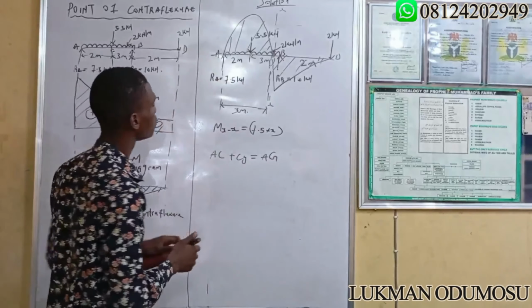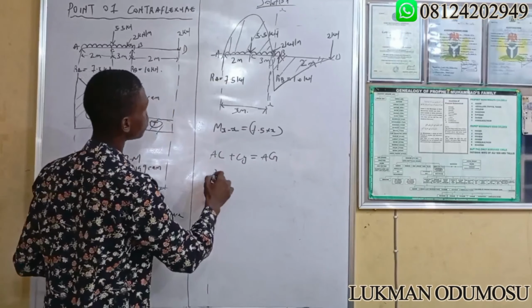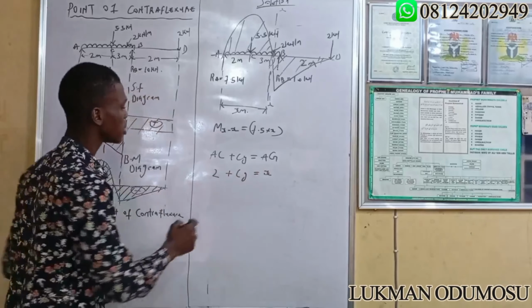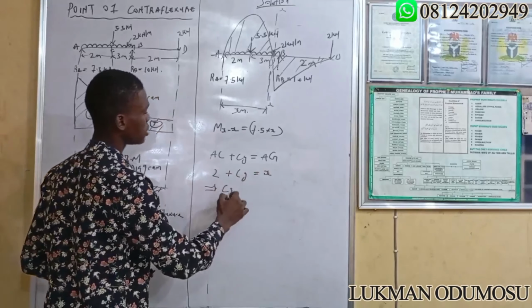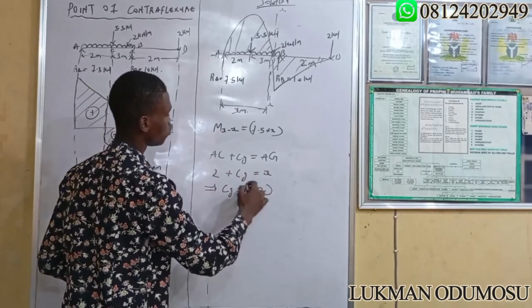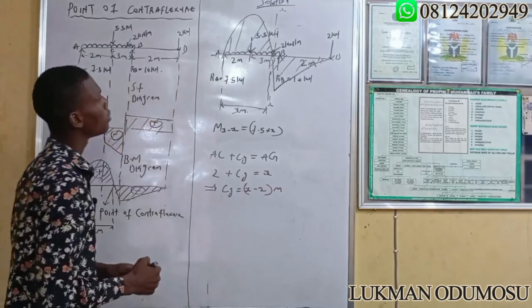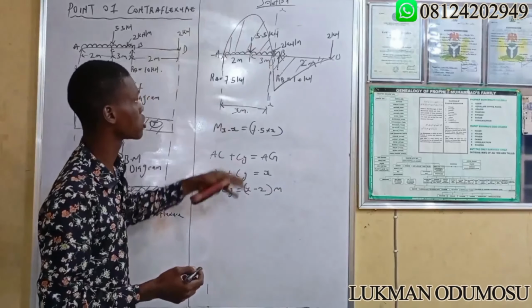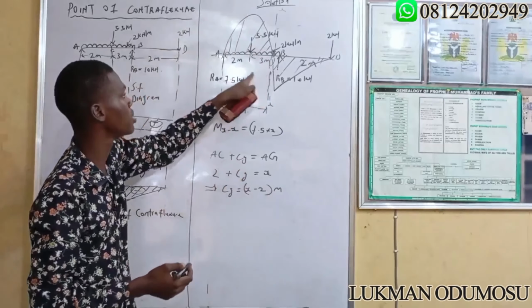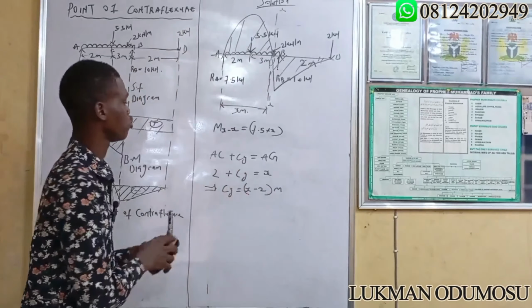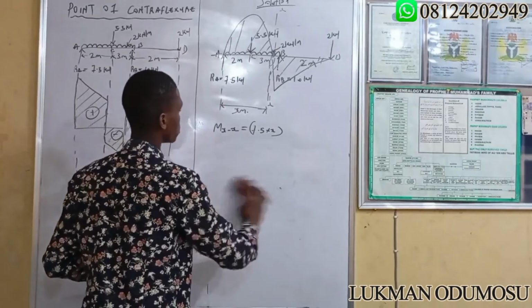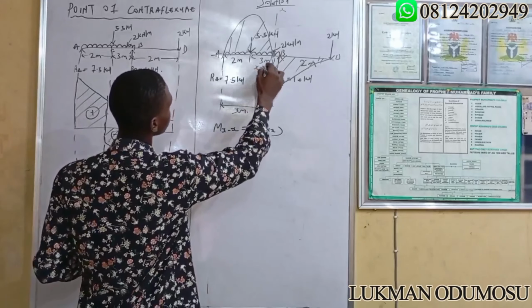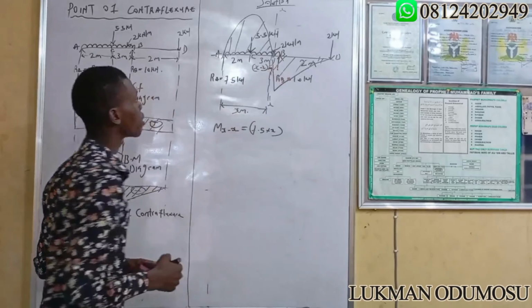Let me substitute: AC is 2, plus CG is equal to x. This implies that CG is equal to x minus 2 meters. Meaning from C to G, the section we've taken, the distance is x minus 2. So that's how it works. So from here to here is x minus 2 meters, right?